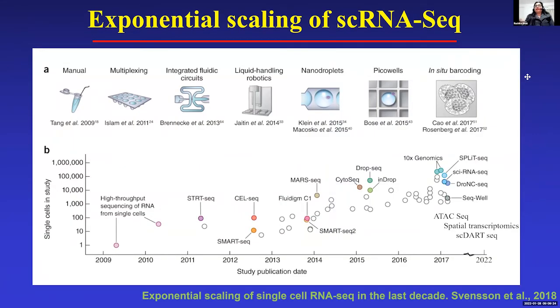So the story of single cell started in 2009, when the first single cell was sequenced, and at that time only one cell was sequenced, and now it has started to grow exponentially. Now we are dealing with millions of cells being sequenced.